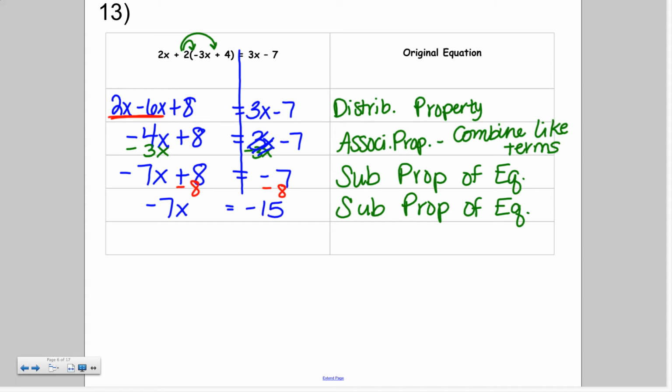Now I want to get x by itself, so I'm going to have to divide by a negative 7. So I'm doing the division property. All right, so when I divide, this is going to cancel, and I'm left with x. Negative over negative gives me a positive, and 15 over 7 doesn't simplify, so that stays my answer.